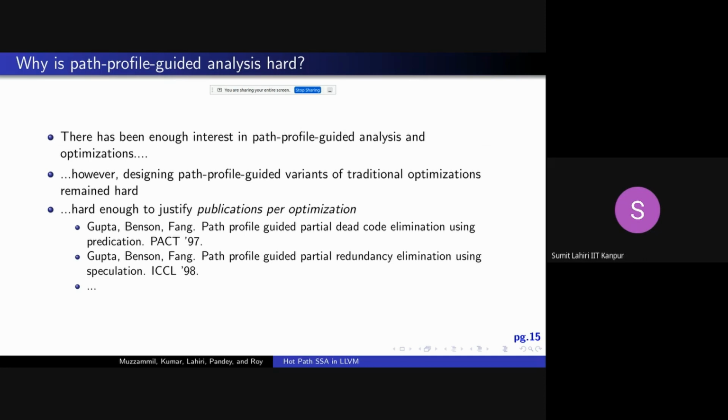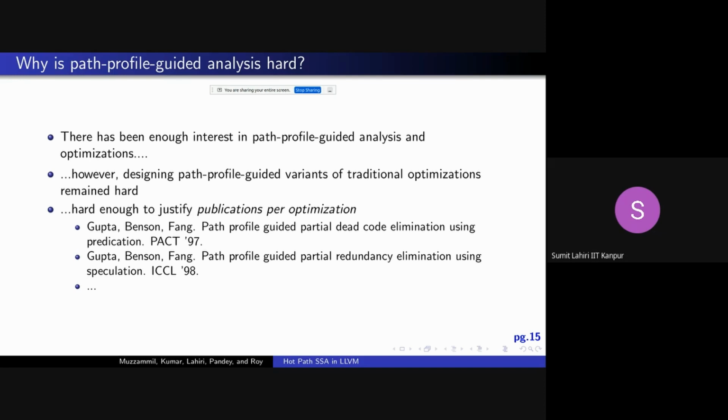They came up with their own representation of what this path profile guided analysis will be. There was a specific paper which did dead code elimination using path profile guided analysis, and a paper on partial redundancy elimination. They had their own representation of the path profiling, and their own analysis written on top of it.